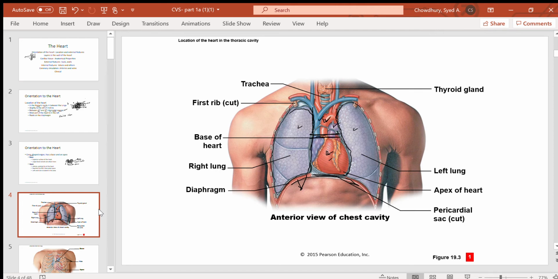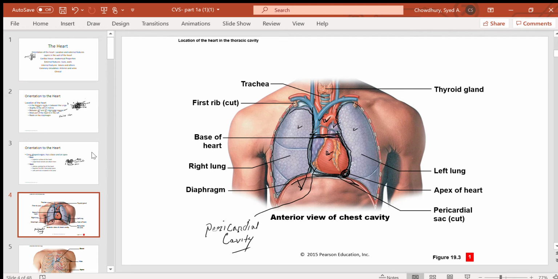So this part is the base, this is the pointed part, lower left is the apex. Okay, and this cavity is called the pericardial cavity, in which the heart is located in the lower mediastinum. So this is the pericardial cavity.